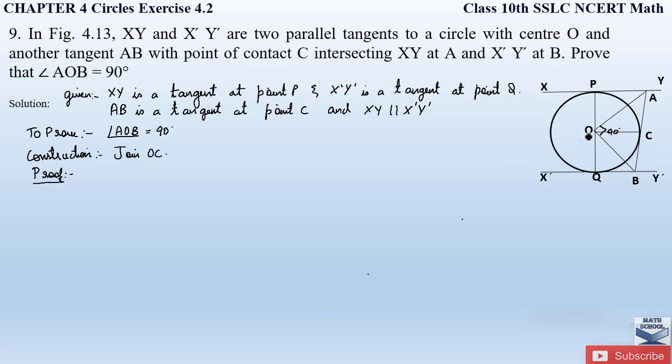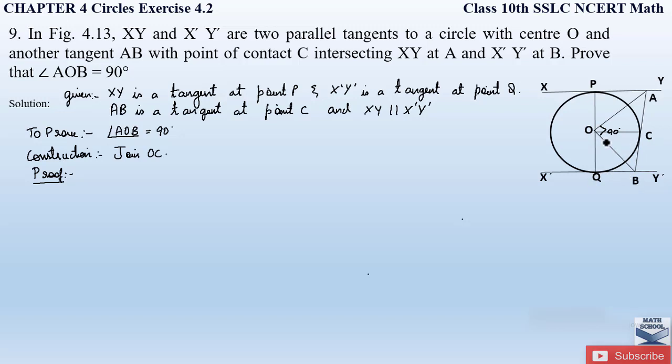So here basically, since we have a line drawn from the center of the circle O to C, there are two triangles formed on the left hand side and right hand side of this line OC. First we will take the two triangles formed on the left hand side, that is triangle AOP and triangle AOC, and prove them to be congruent. Then secondly, we will take the triangles COB and QOB and prove them to be congruent.